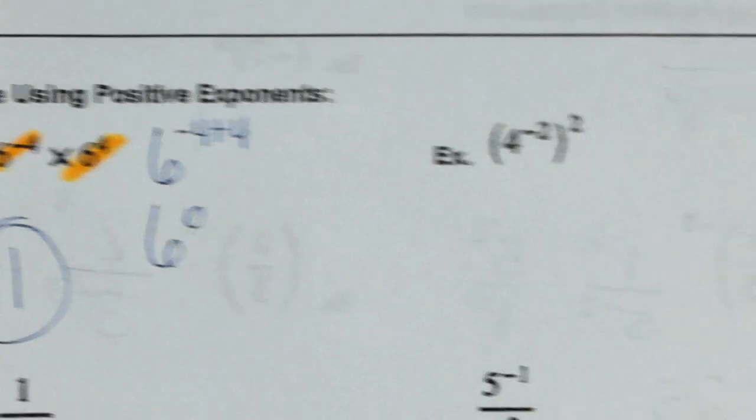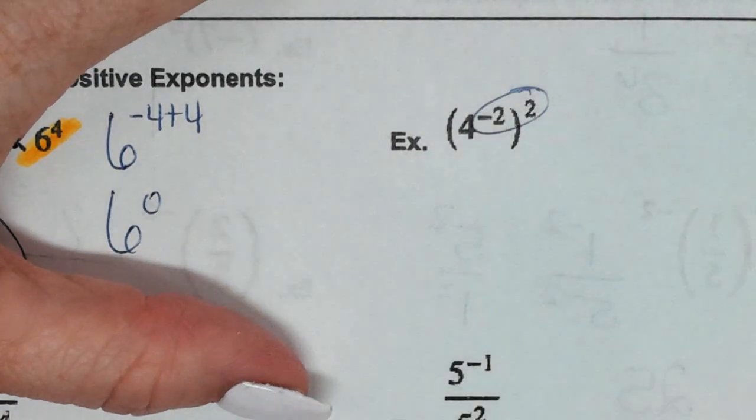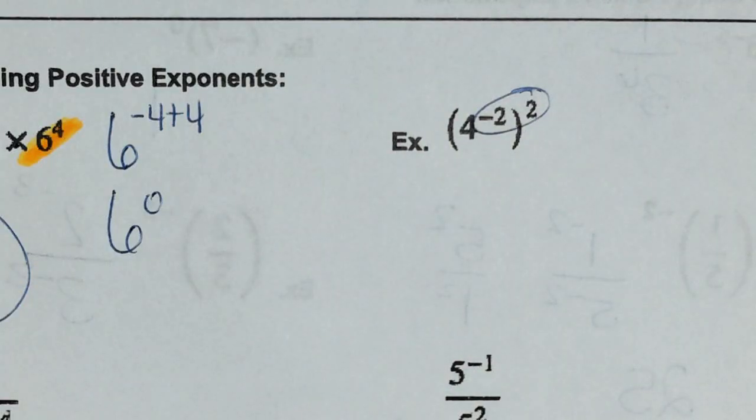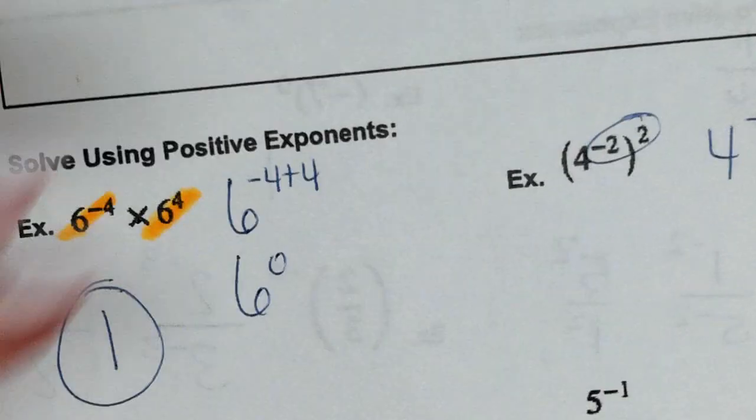All right, let's look at this one. This is power of a power. What am I going to do with these exponents? Multiply them. So 4 is going to go to the negative 4th power. Is that a good answer?